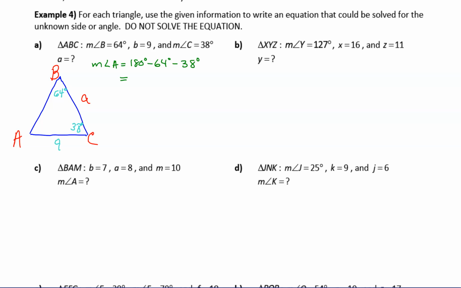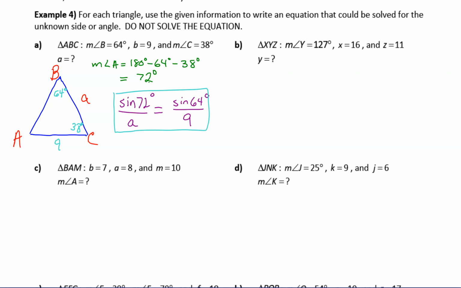Remember that the measure of angle A has to be 180 minus the 2 other angles of the triangle, which gives us 72 degrees. So now we can write a proportion: sine of 72 degrees over its opposite side A equals sine of 64 degrees over its opposite side 9. Notice that there's only one unknown in this proportion, and so it could be solved for A.